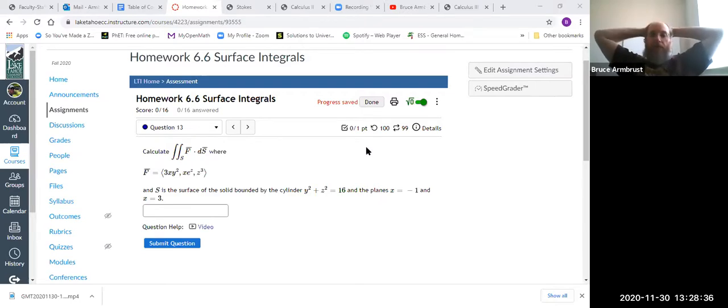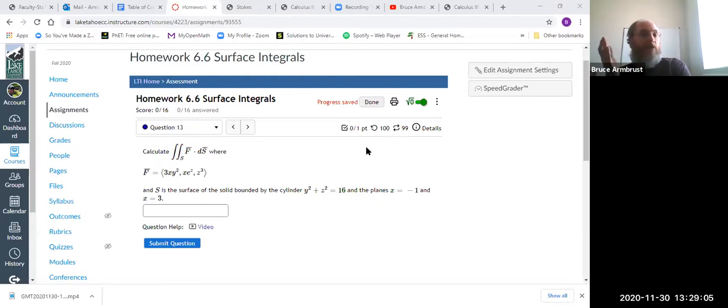It definitely helps if we can parameterize the surfaces, because then we change f according to the parameters, and the integral ends up being f dotted with r_u cross r_v. We get the partials with respect to u and v and cross them.